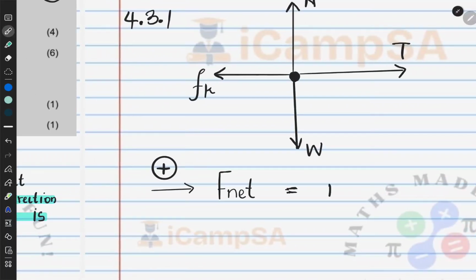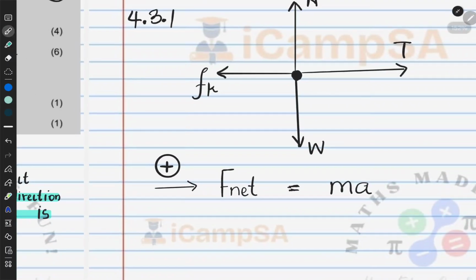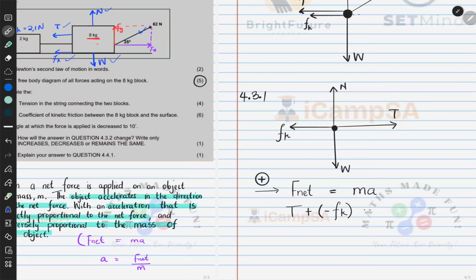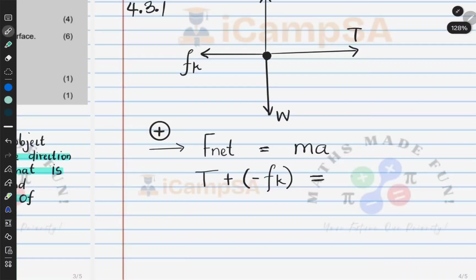Now we have F net equals MA. We have T going to the right, so it's positive, plus my Fk, which is negative, because it's going in the opposite direction to what we consider positive. Then we have our mass. Acceleration is going to the right, so it's positive as well.